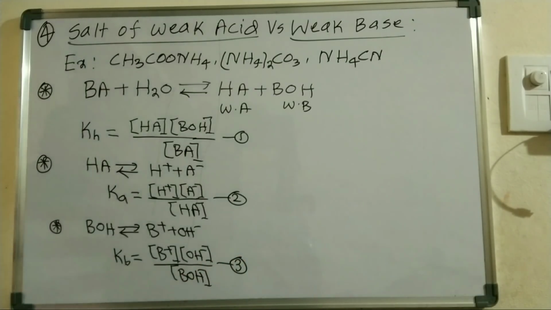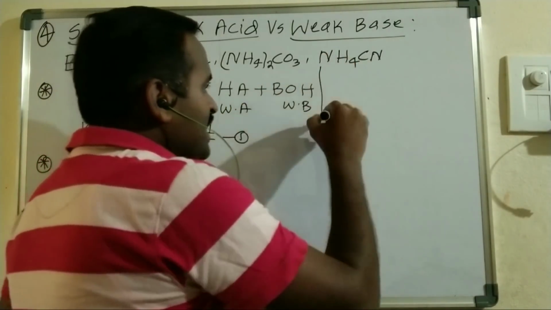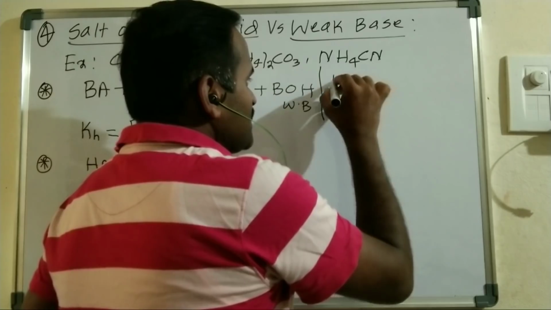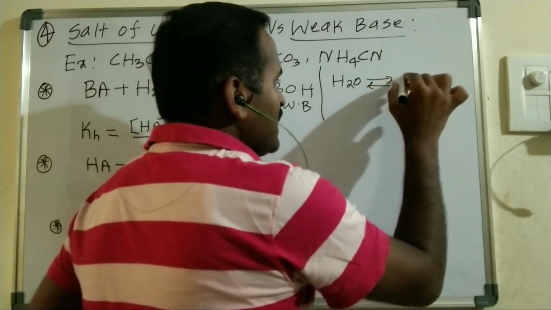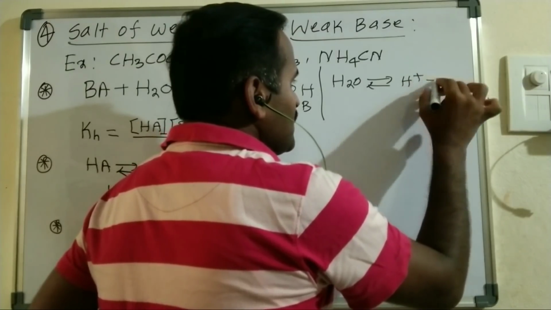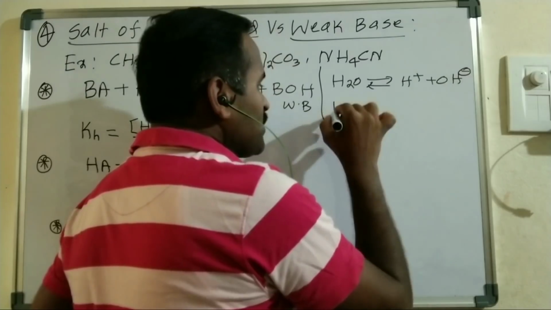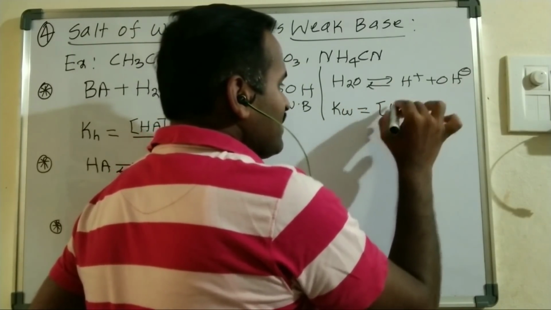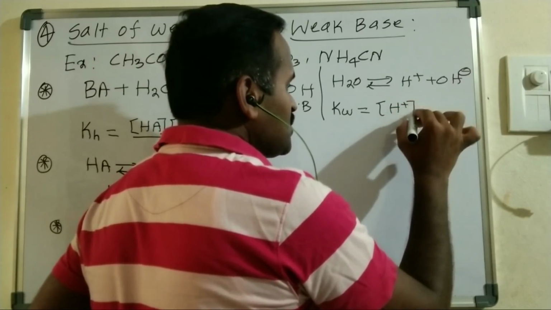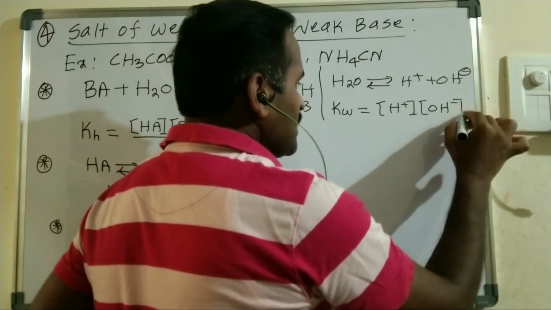As we all know, pure water is a bad conductor of heat and electricity. Pure water can be dissociated into H+ and OH minus. From this I can write the ionic product of water, Kw, equals the product of H+ ion concentration into OH minus ion concentration, right?